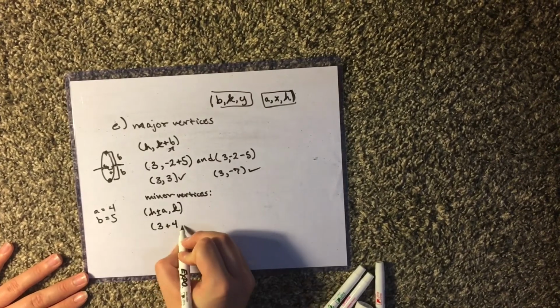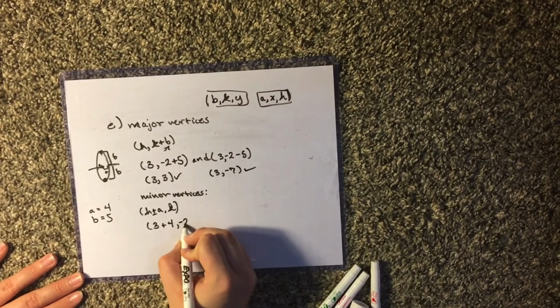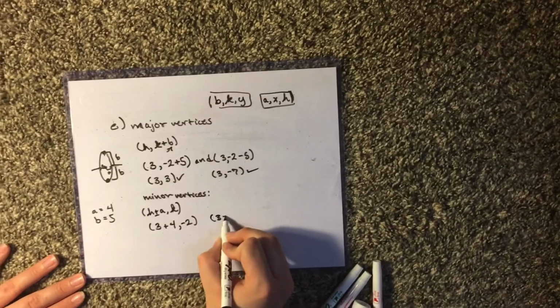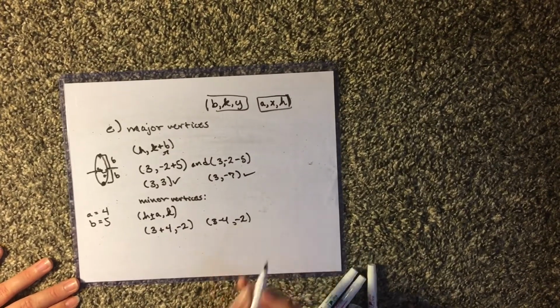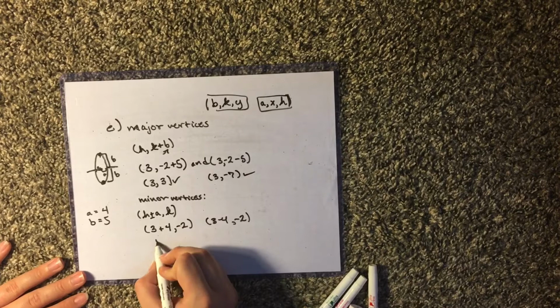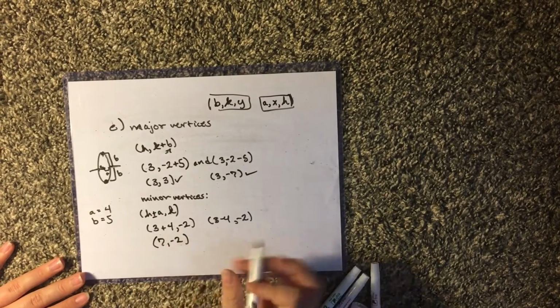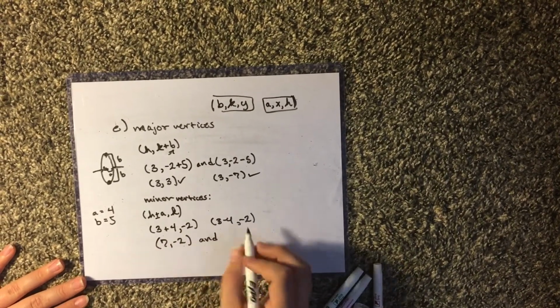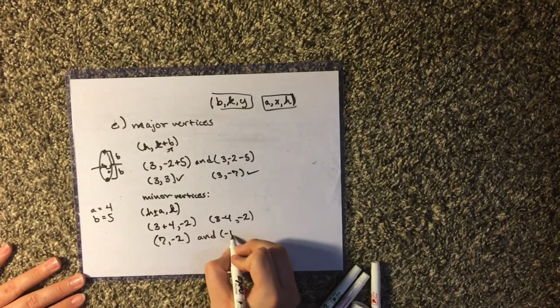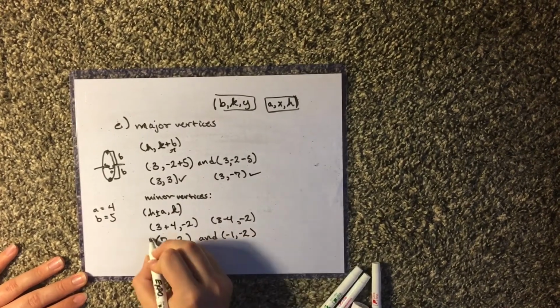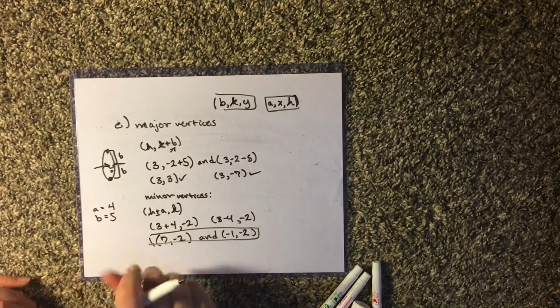So 3 plus 4, -2, and then 3 minus 4, -2. So we're doing 7, -2 as one of the minor vertices, and -1, -2 as the other minor vertex. Perfect.